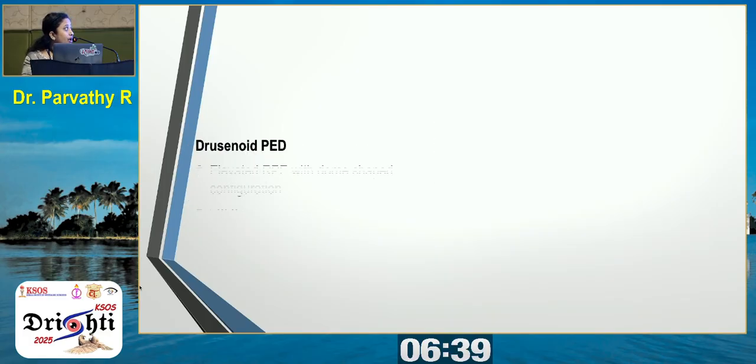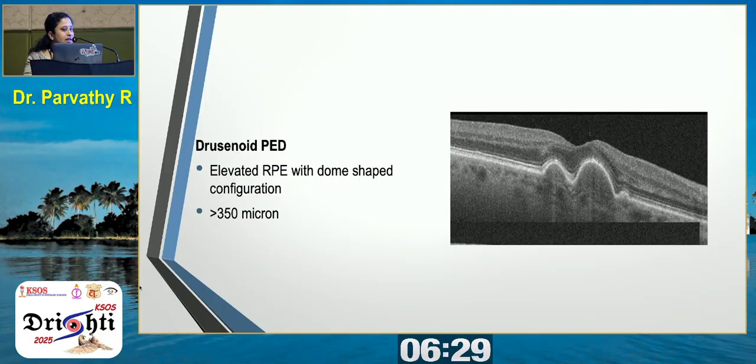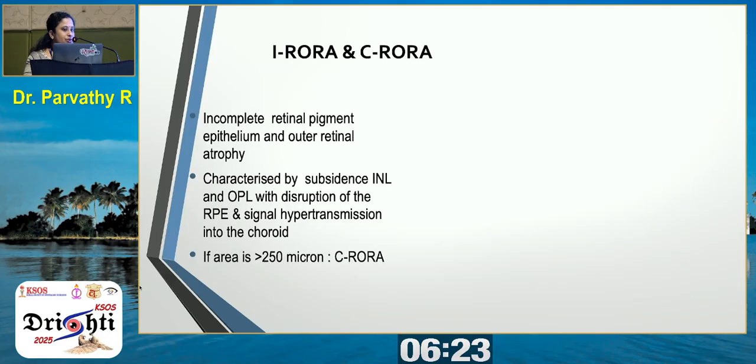Next, coalescence of these drusen can result in drusenoid PED, which is the elevation of RPE with a dome-shaped configuration, and usually this will be more than 350 microns in size. Here we can see the acute elevation of RPE with hyperreflectivity beneath, and this is drusenoid PED. Coming to the advanced stages of dry AMD, we have IRORA, that is incomplete retinal pigment epithelium and outer retinal atrophy.